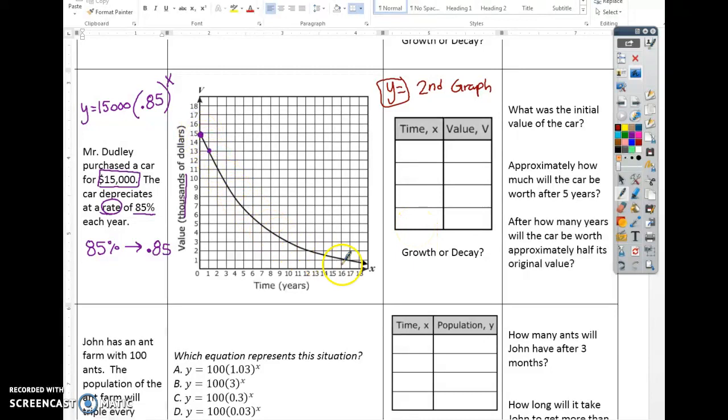Look, it's coming down. So I can already answer that question. And then I can also answer this one. What was the initial value of the car? You can answer that one. You can answer all of these by yourself, and you can fill in the table by yourself. Put this equation in y equals, second graph, fill in the table. I would pause right now and finish that problem, because I'm moving on to problem number 3.